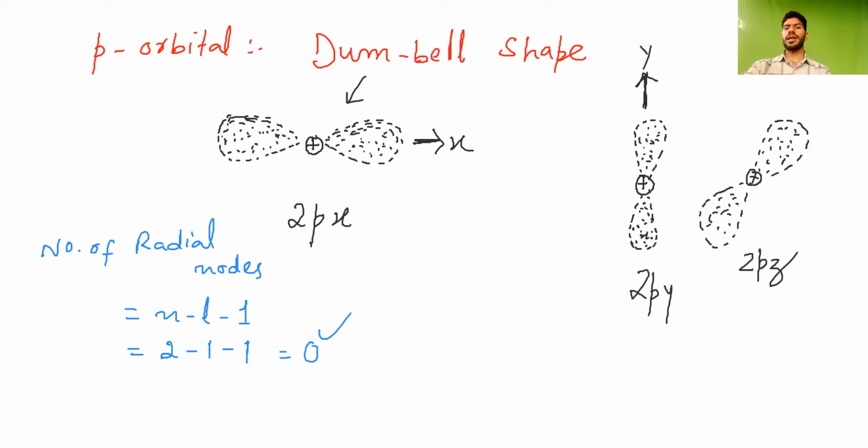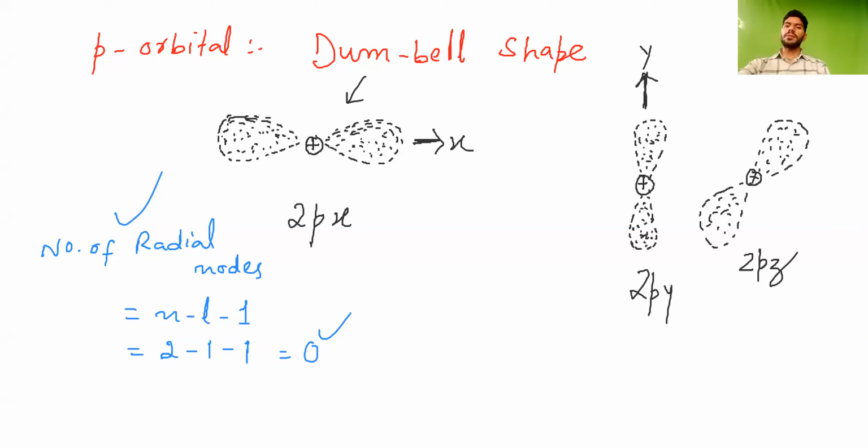So there isn't any radial node in case of 2px. Got it? Is there any radial node in case of 2py and 2pz? No, because when 2px is not having any radial or spherical node, there will not be any radial or spherical node in case of 2py, and similarly in case of 2pz.